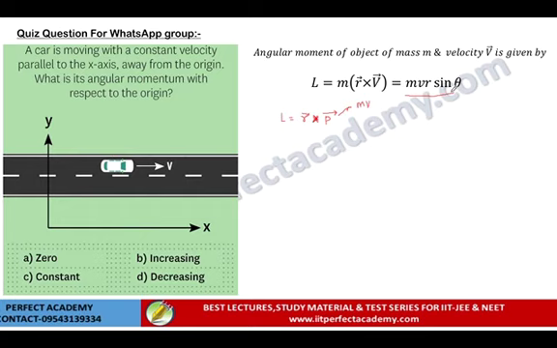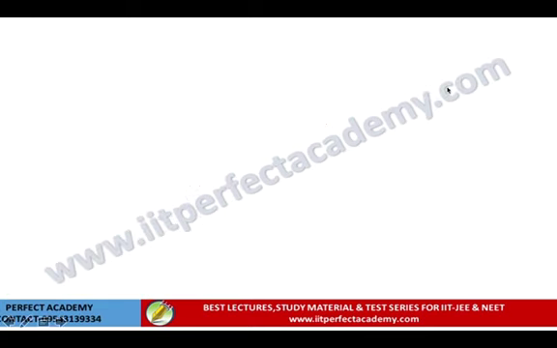Okay, now let's come to this case where they are saying that the object of mass m and velocity v is moving in a straight line, however it is parallel to the x-axis. So let me draw an xy coordinate system here for my reference, and let me show a line parallel to the x-axis like this.